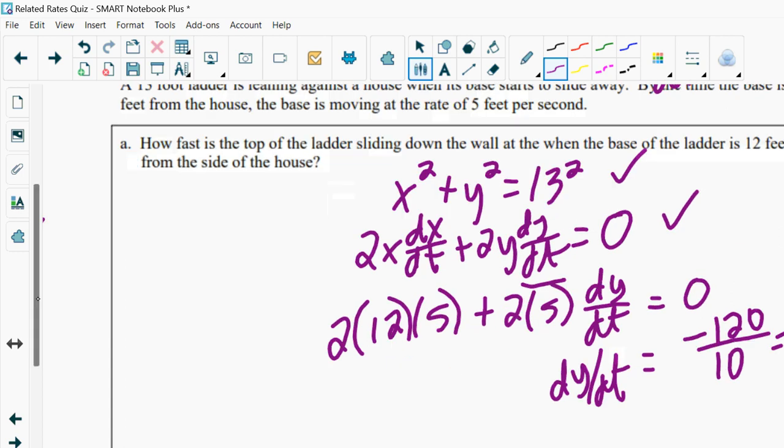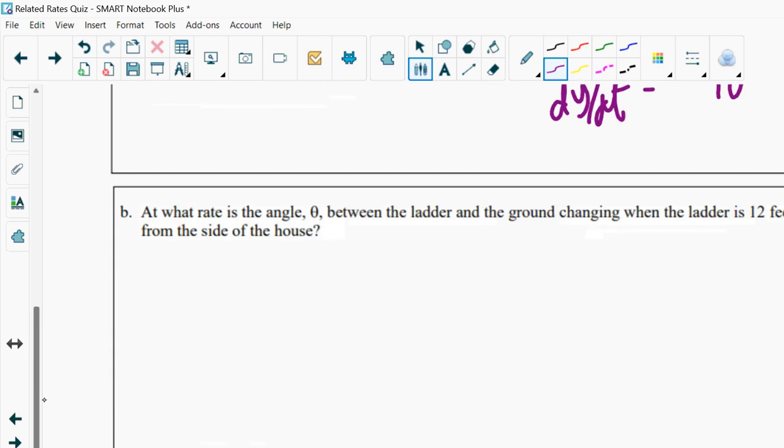The second part of this was talking about theta, which means you had to write a trig expression. And again, the sides of the house, like the sides as the ladder falls, those are both variables. The only thing that's constant is the ladder. So it was worth a point if you wrote me a trig equation relating those 3 sides.